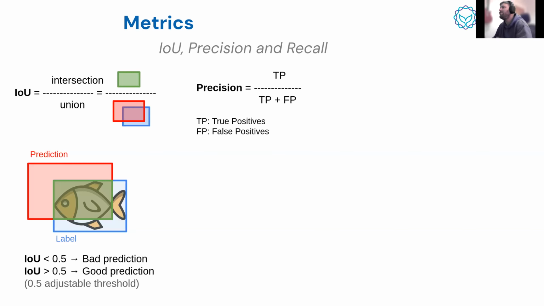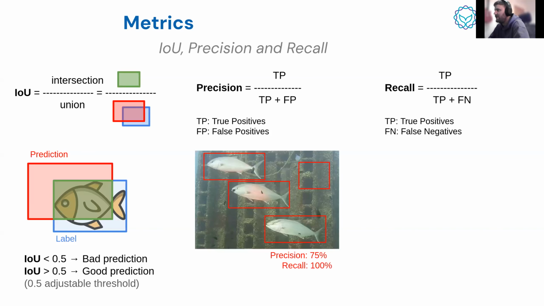Then we have the precision and recall. The precision is the true positives over the sum of true positives and false positives, and the recall is the true positives over the sum of true positives and false negatives. Here we can see an example. In this case, we have a precision of 75% because we have 3 true positives and 1 false positive, but we have a recall of 100% because we don't have any false negative.